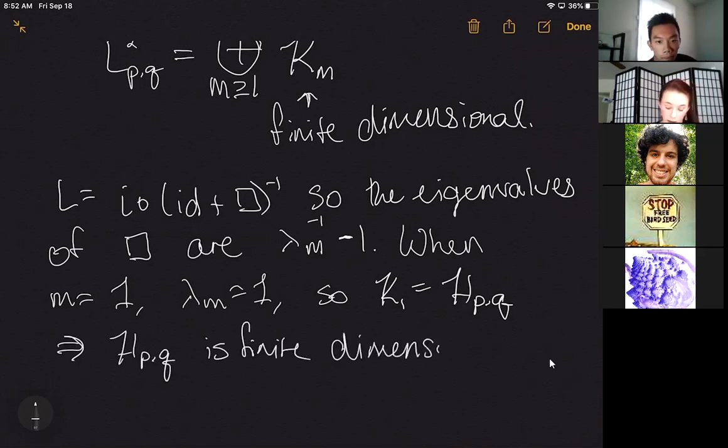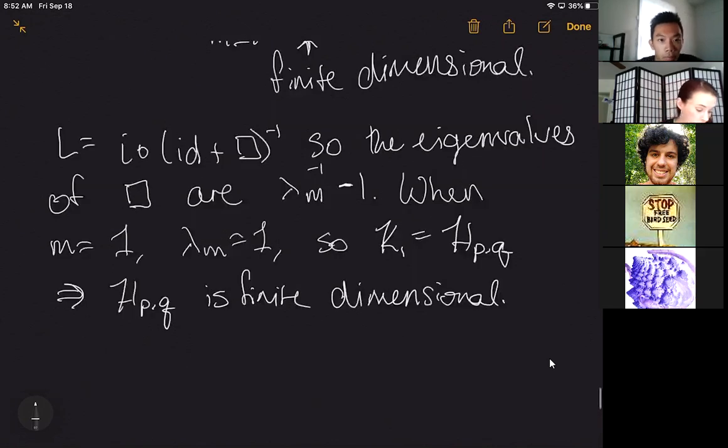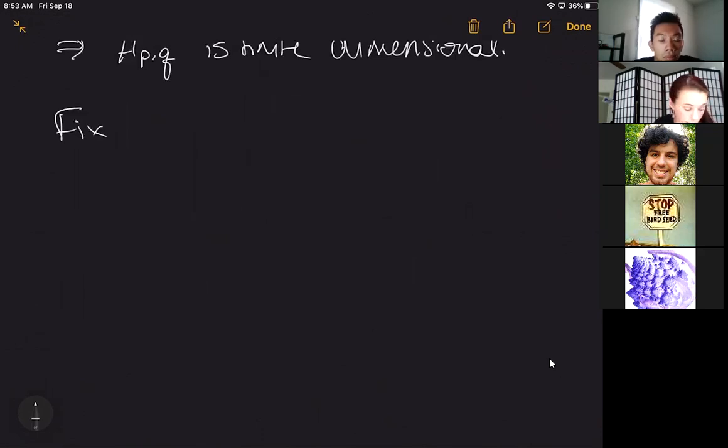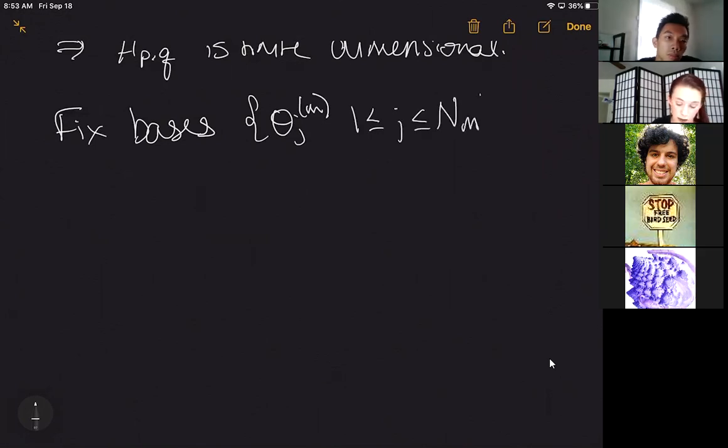Now we can fix bases theta sub j m. So this index is indexing over the eigenspaces and then within the eigenspaces.